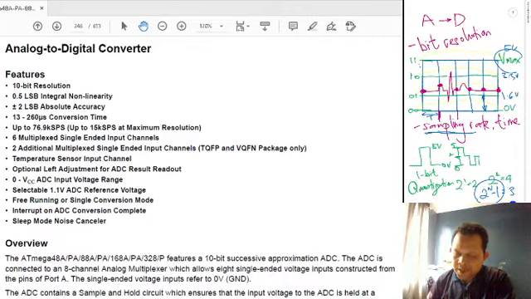So the thing is, what happens if the voltage is not exactly 1.6 volt or 3.3 volt? Like we are seeing now, our signal is actually in between. If you look at the first point over here, it's not exactly on 1.6 volt or 3.3 volt.